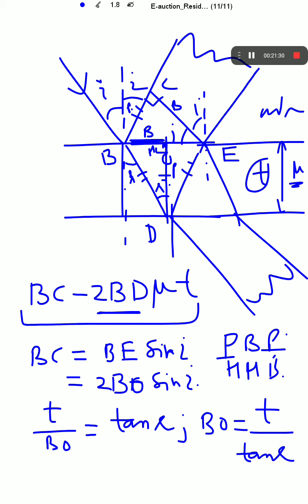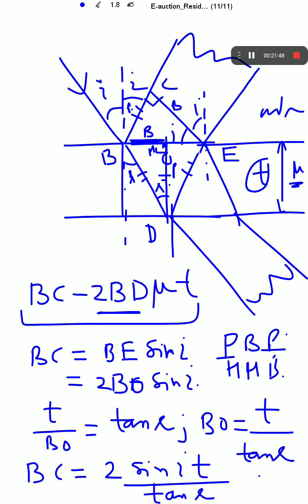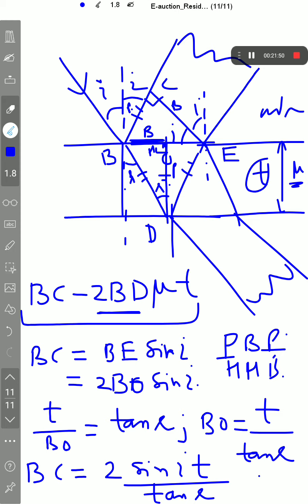So I'll make use here of BC equal to 2 times BO, which is basically sin I times T divided by tan R. I'll make use of this in the next page.